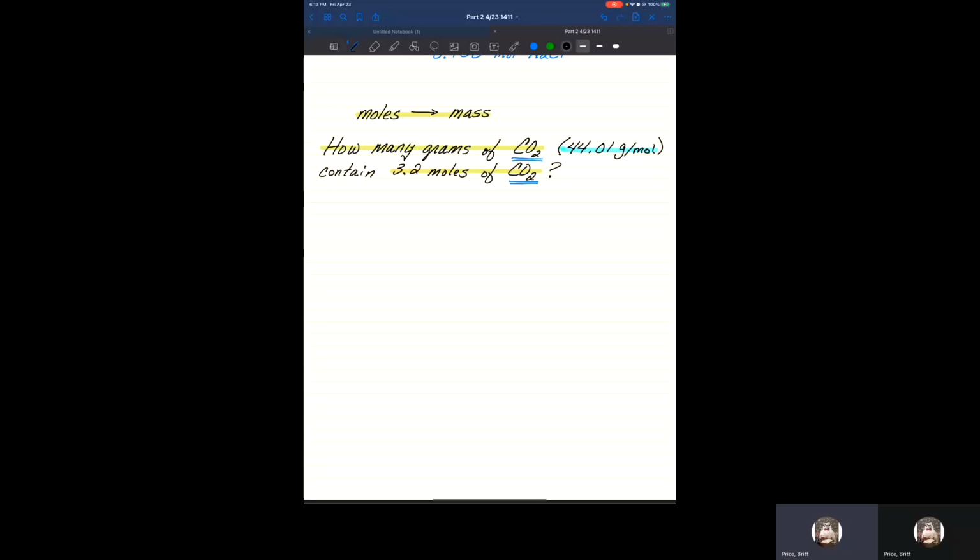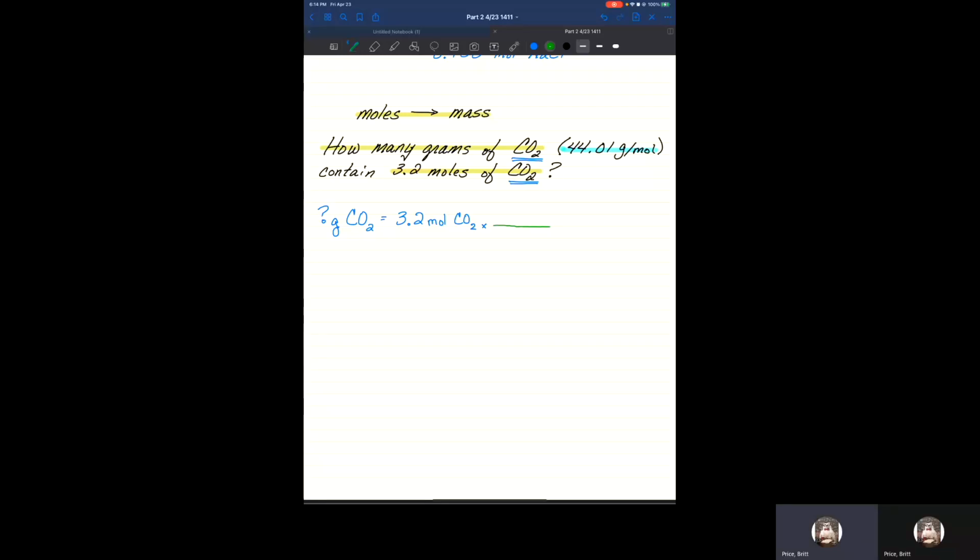Getting back to this question here, how many grams of CO2 equal out to that 3.2 mole of CO2? And yes, I know it's a pain to keep writing out CO2 or whatever it is. Do it.